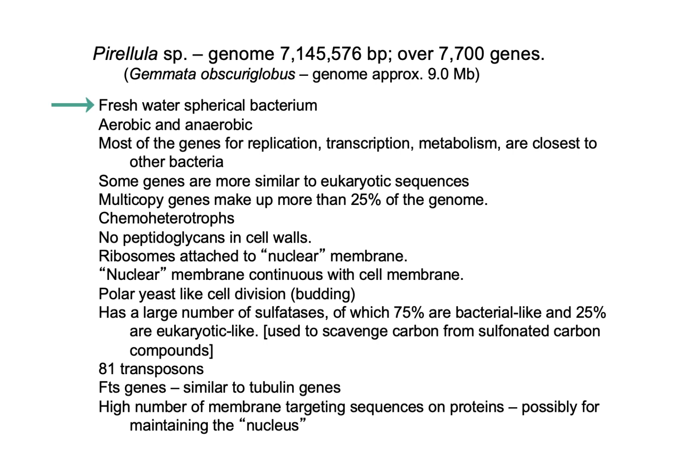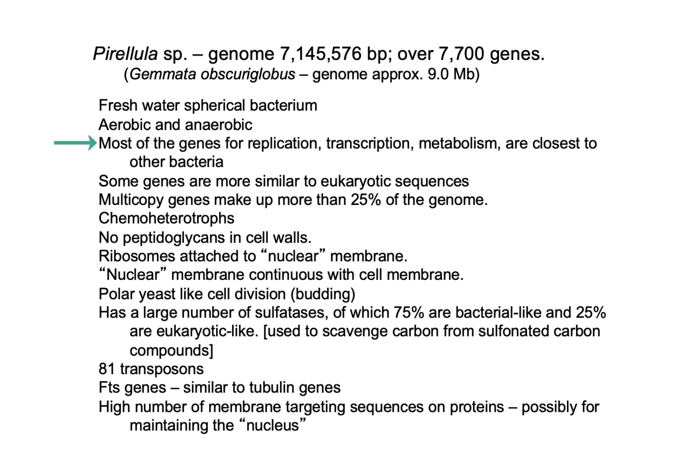So these are freshwater spherical bacteria. They can be aerobic and anaerobic, so they can adjust to quite a few different environmental conditions, which takes a lot of genes to switch from one type to the other.